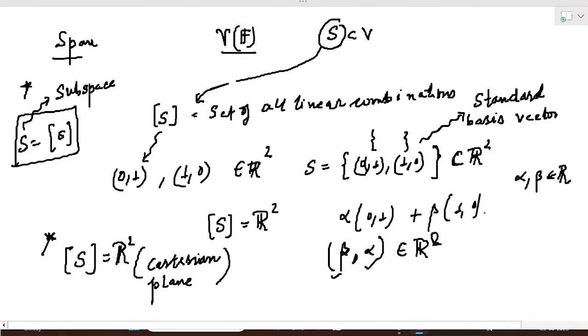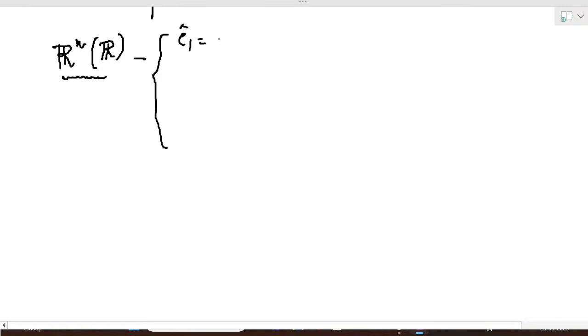I told you yesterday that for Rn, and remember that Rn over R forms a vector space, for this particular thing you have the standard basis, that is e1 cap equal to (1, 0, 0, ..., 0), and so you can go on and write en cap, which would be (0, 0, ..., 1). I hope it is clear.